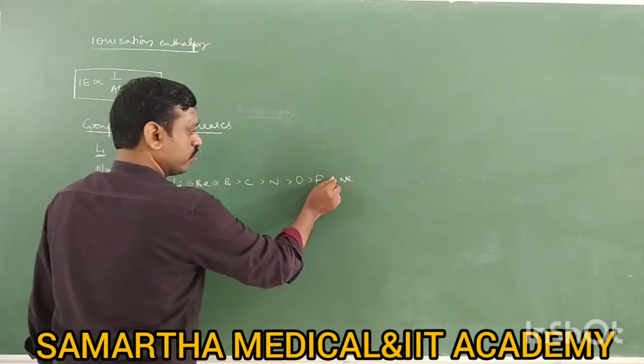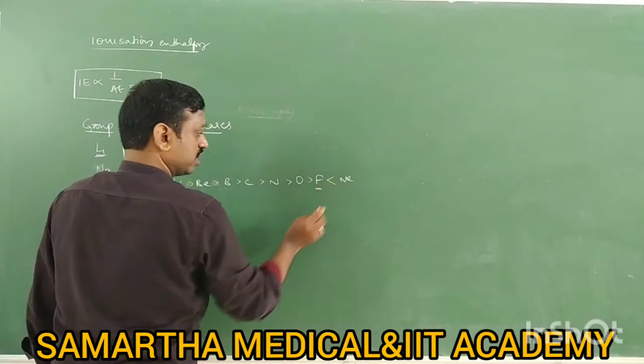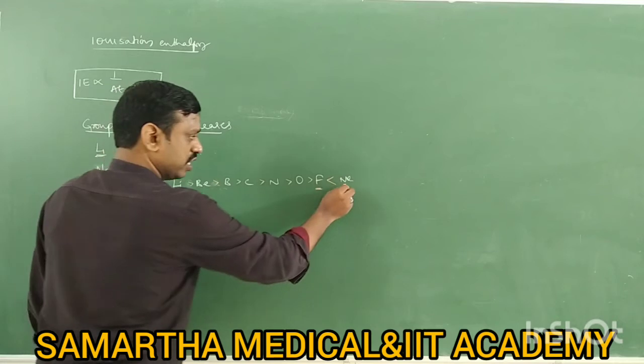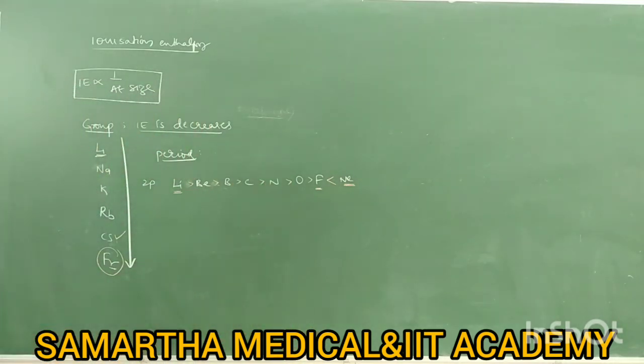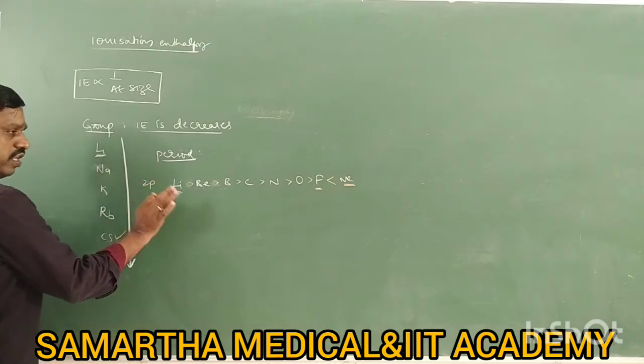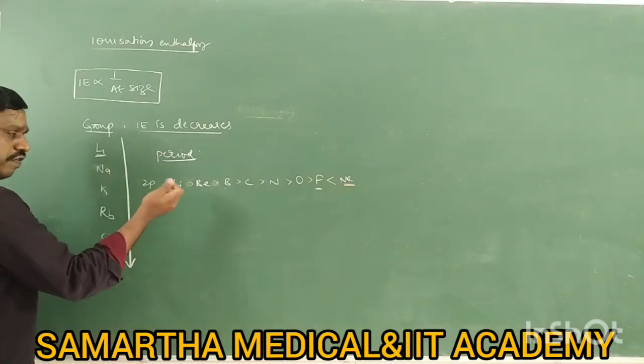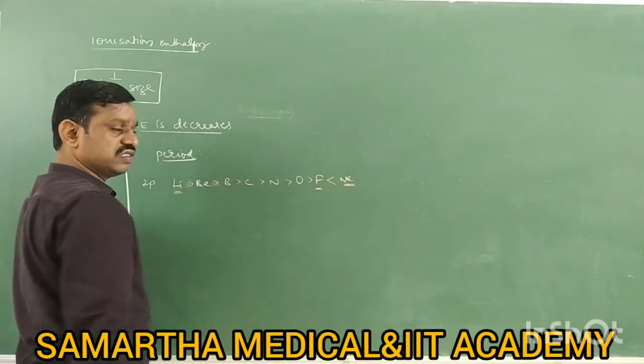Then from fluorine to neon atomic size increases, because neon is a noble gas and we consider its van der Waals size. So overall in a period, from left to right, size decreases.